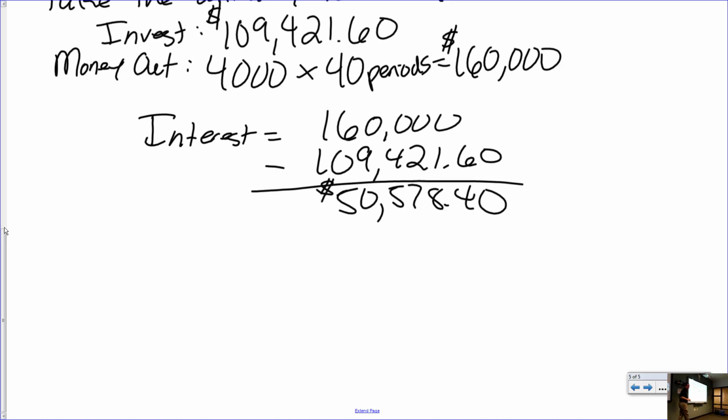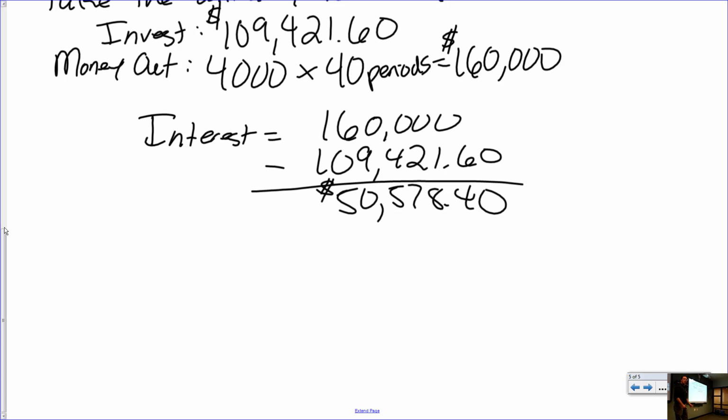So a shade over $50,000 worth of interest, basically, guys, think about that. How many of those quarterly payments are going to wind up being interest payments? 12 of them, right? That's 3 years worth of payments that are all basically just interest.